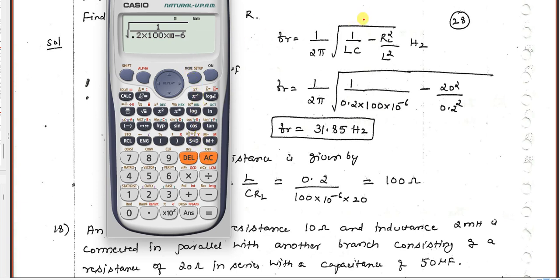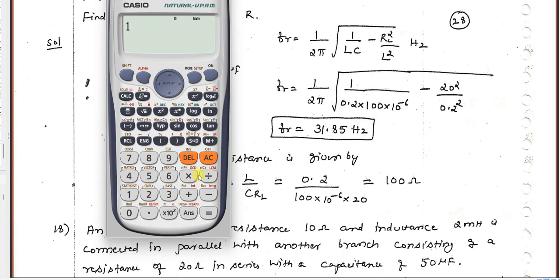Otherwise, this minus you cannot put here. What you can do is first calculate 1 by LC, after that calculate the other part, note down the answers, subtract it, then take the square root. I tried to do it directly, it's not coming.